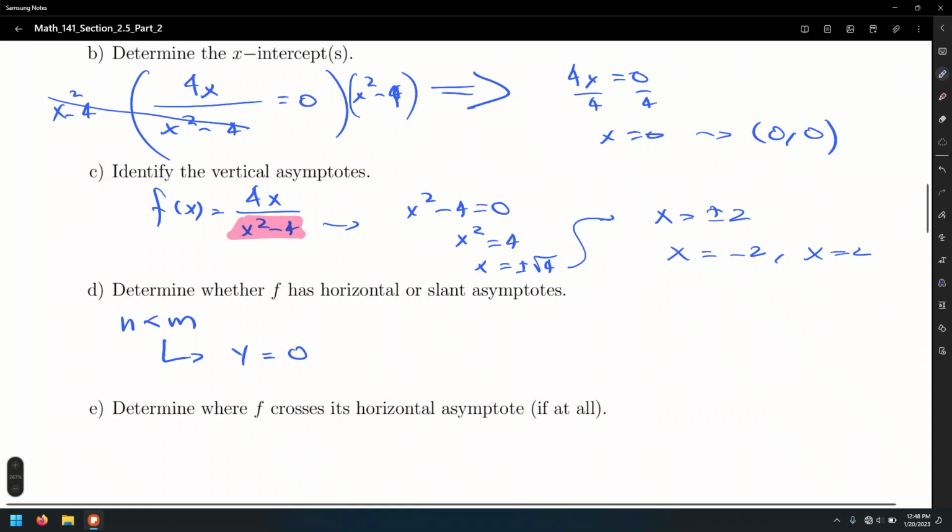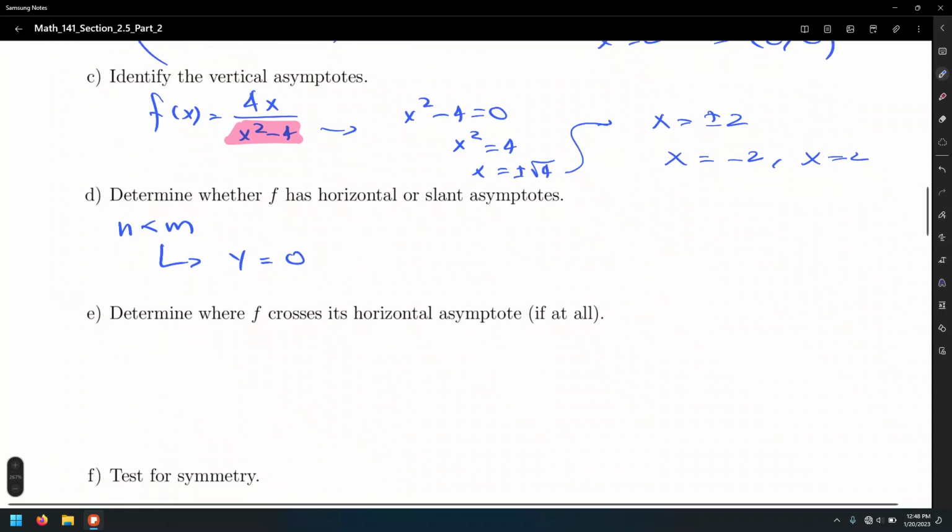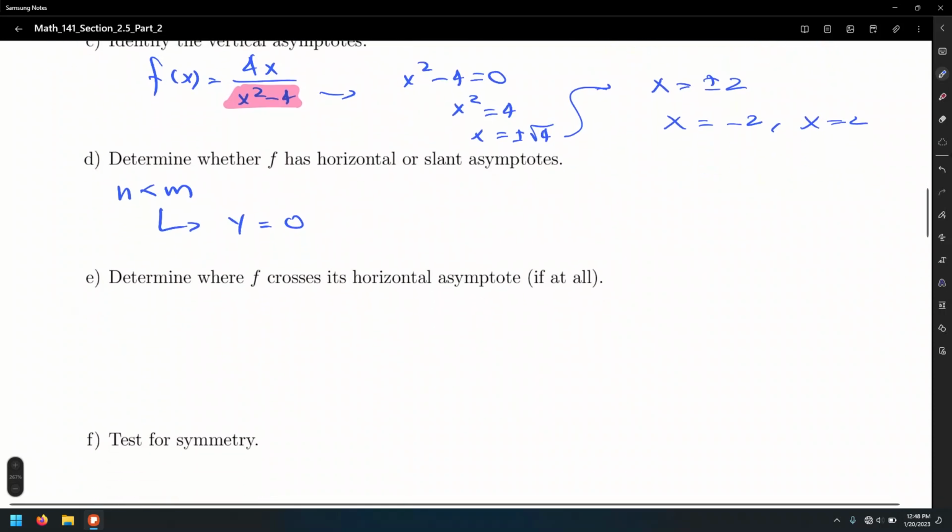Anything else? Determine whether f crosses its own horizontal asymptote. Set 4x over x squared minus 4 equal to the value of the horizontal asymptote, that is 0. But didn't we already solve the same equation when we got the x-intercept?